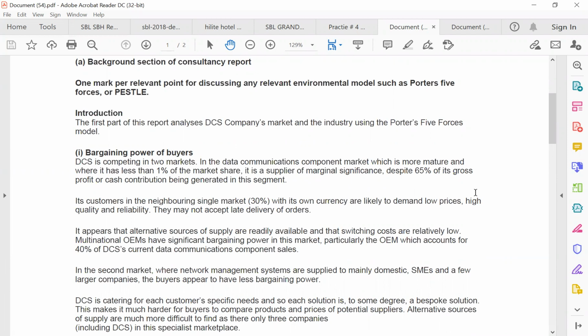Should I start reading? Have you all done this question? Please tell me. Guys, have you all done this question? Yes or no? You all have written the answer for this question?